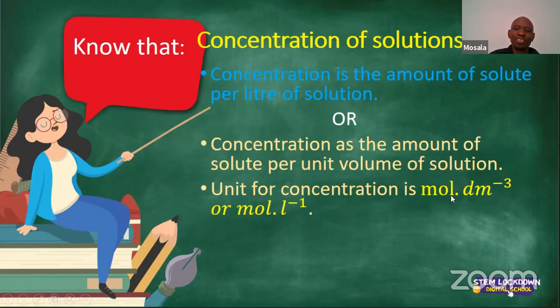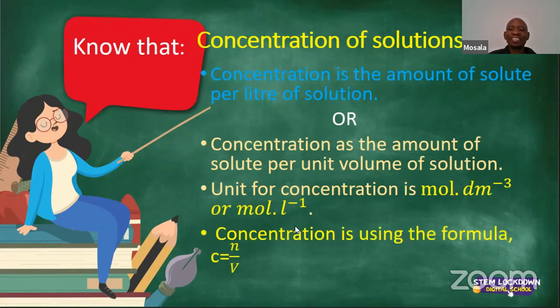You must know that 1 liter is equal to 1 cubic decimeter. So we define concentration as the amount of solute per unit volume, where the unit volume here is cubic decimeter or liter.